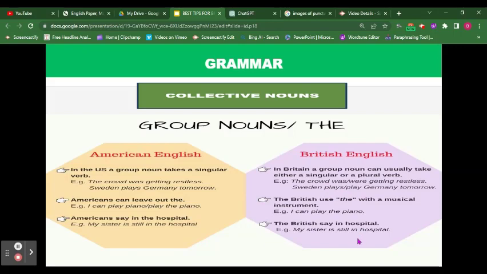Now, the difference here has to do with the perception of the group, how you use the group. In British English, group nouns can be treated as either singular or plural, depending on the context and the speaker's preference. Let me explain this with examples.